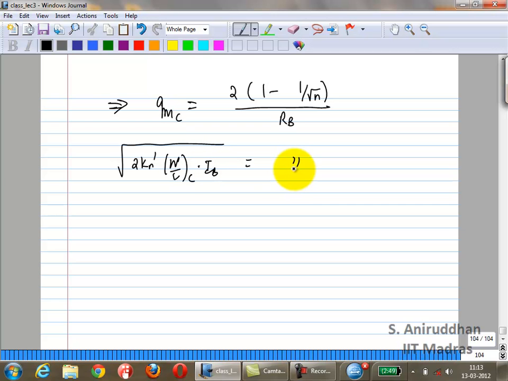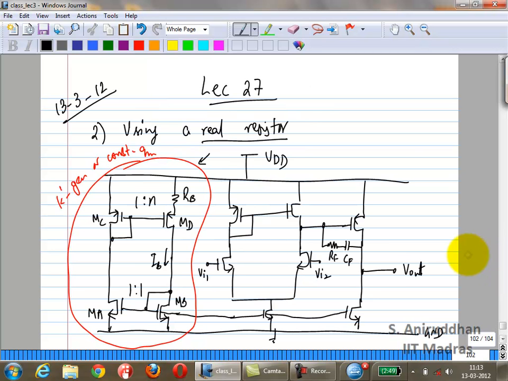This is your GMC. So IB gives you KP, sorry, C and D are the PMOSs, so it's KP.